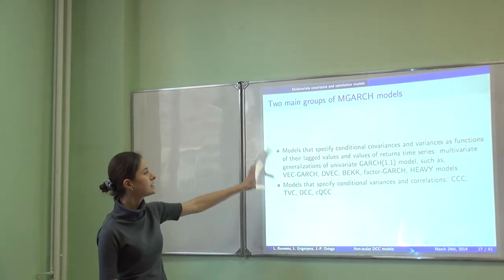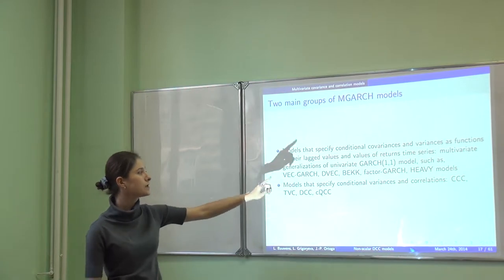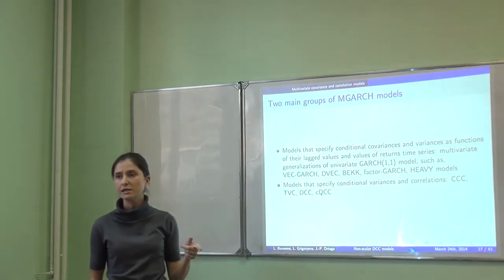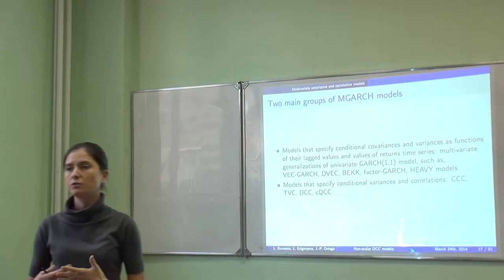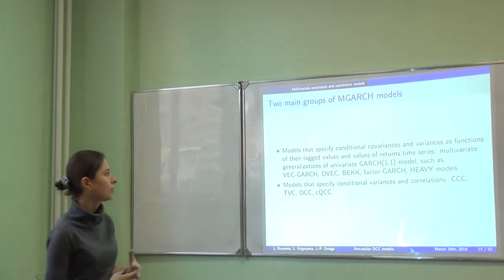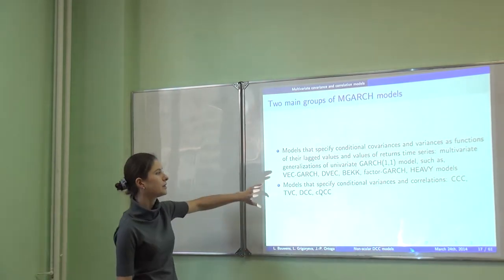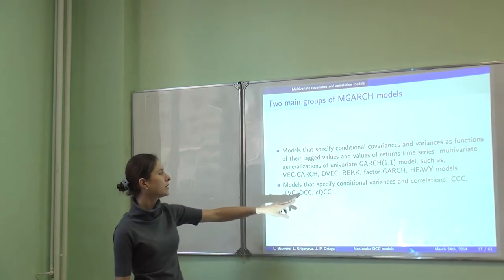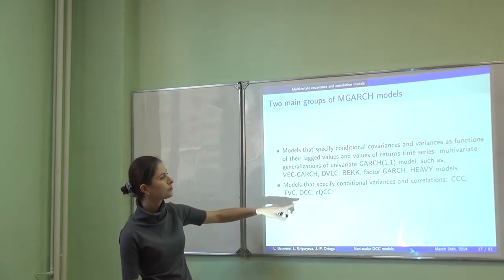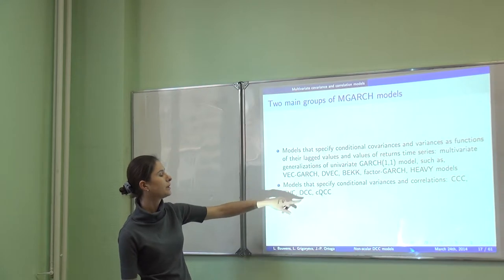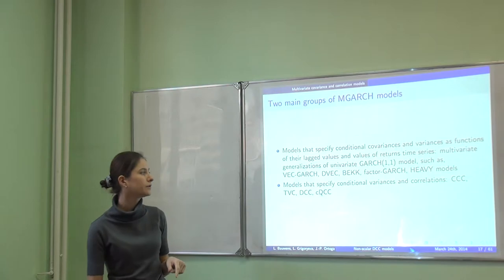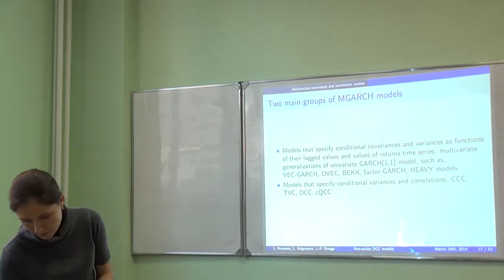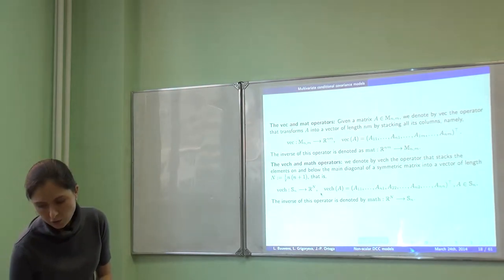And there is another group that specifies our conditional variances and covariances using information about the conditional correlations. This is the main focus of our work. The results that I am going to present go with this family of models, which is called DCC, or dynamic conditional correlation models.